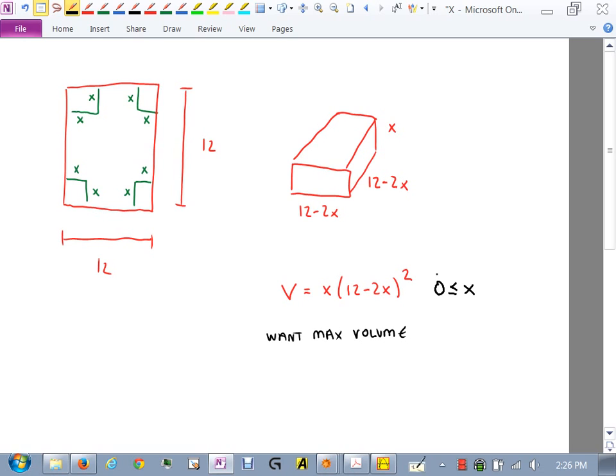That's a greatest value I can have for x. I can't say 12 because then I couldn't cut all the corners out. I go too far. So halfway would be the most I could go. So that's 6. In other words, I'm on a closed interval 0 to 6. Understand? My x is between 0 and 6. I forgot to put a little less than or equal there.